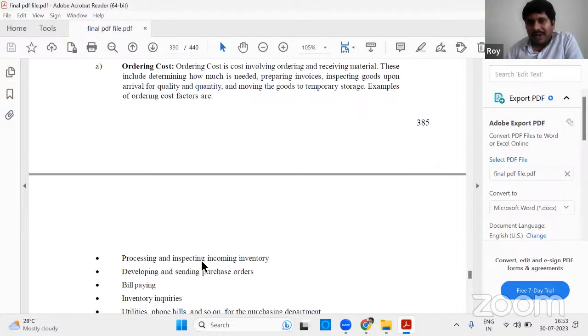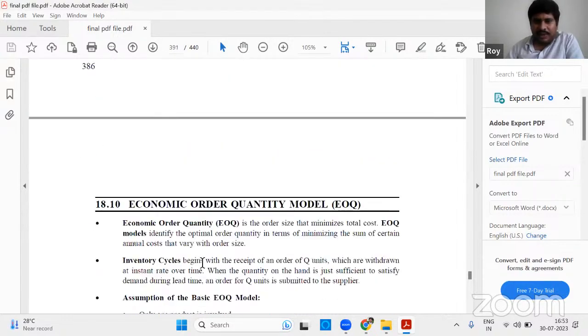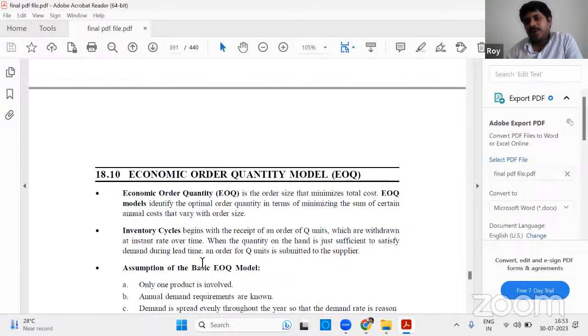Based on the ordering cost and carrying cost, there is an important concept called EOQ, economic order quantity. This concept is important. EOQ is the size that minimizes the total cost.